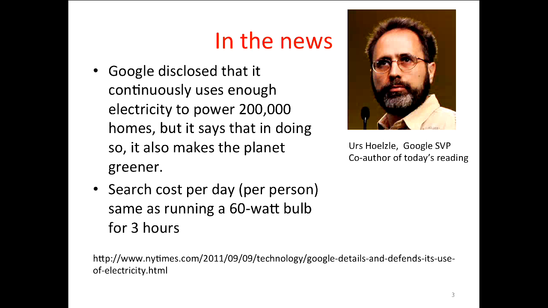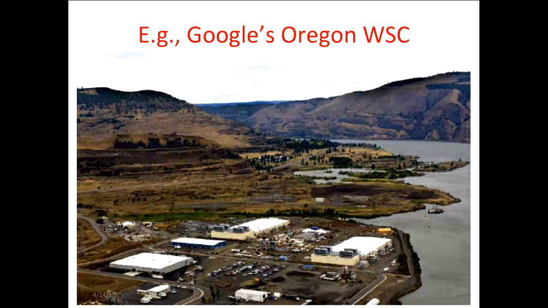Okay, so let's uncover the secret here. This is an example of a warehouse scale computer. Do you see something here? What can you see? You can see some buildings, a river, a wide field, and some hills.